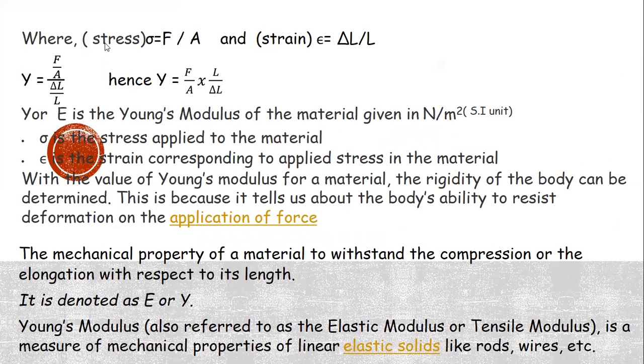So stress is equal to F upon A, and strain is equal to change in length per unit original length. If we put those values, Y is equal to F upon A divided by delta L upon L, and we get an equation for Y in terms of original length, force and area: Y is equal to F upon A into L upon delta L. This Young modulus can be represented by Y or E, and the SI unit of the Young modulus is Newton per meter square.